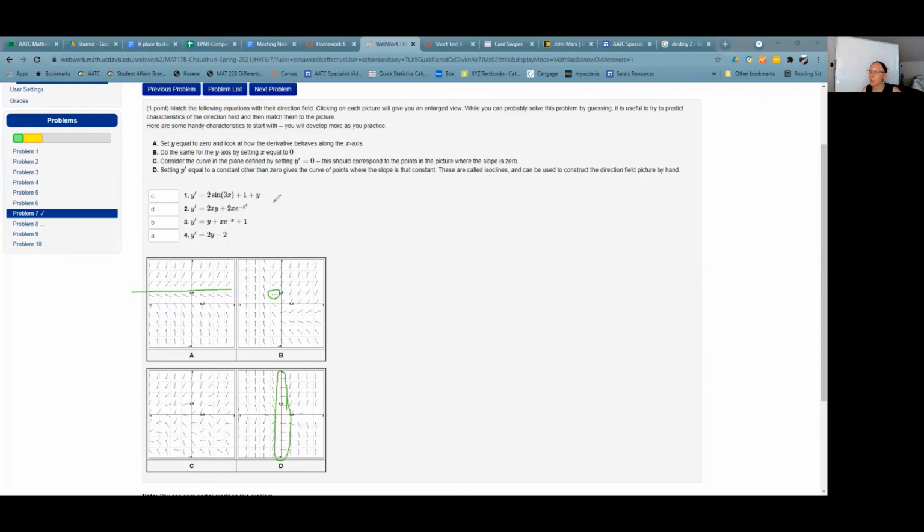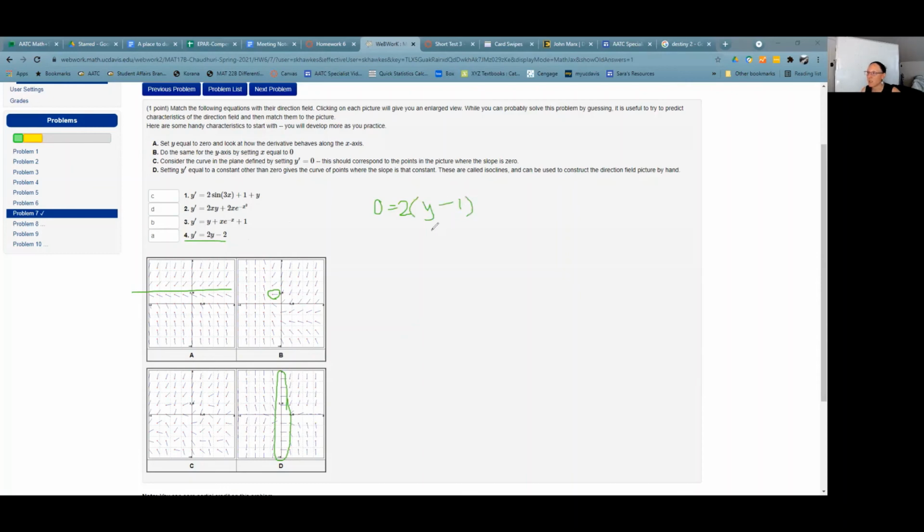So then I come up and I look at the equations and I think about, for these equations, what would it look like if I tried to set the slope equal to 0? And I always start with the one that looks the simplest. If y prime is equal to 2y minus 2, then if I set that equal to 0 and factor a 2 out, I would have y minus 1.